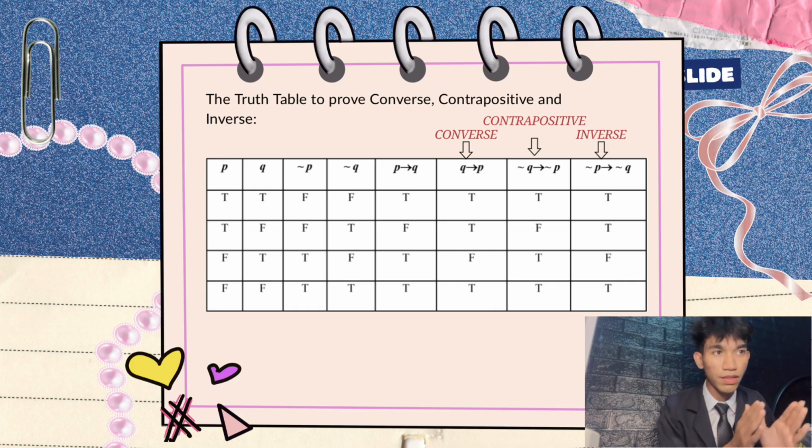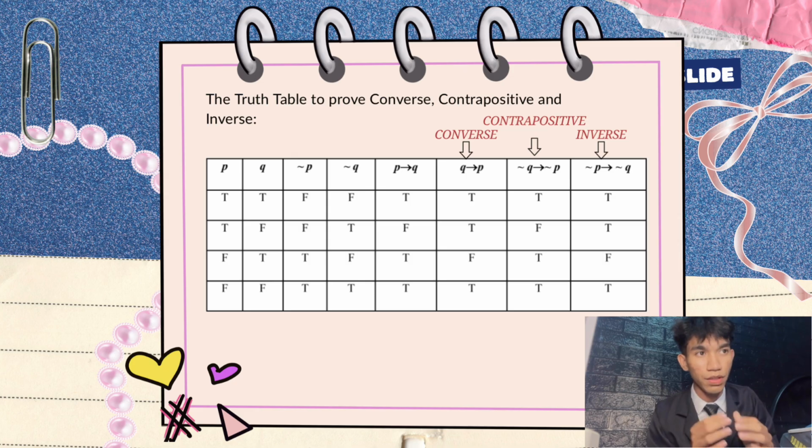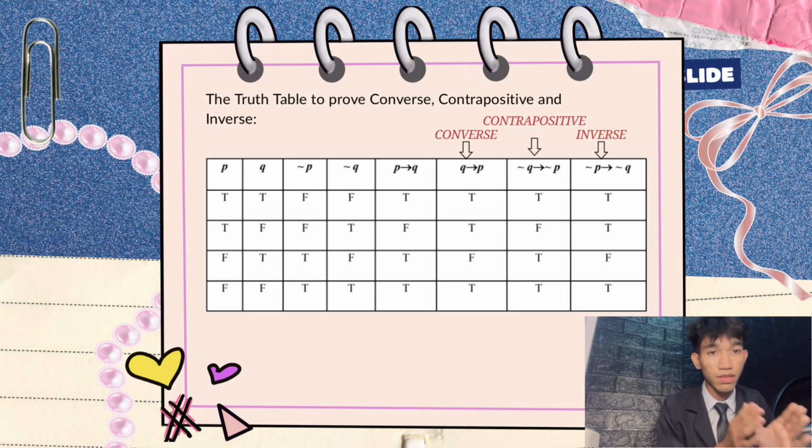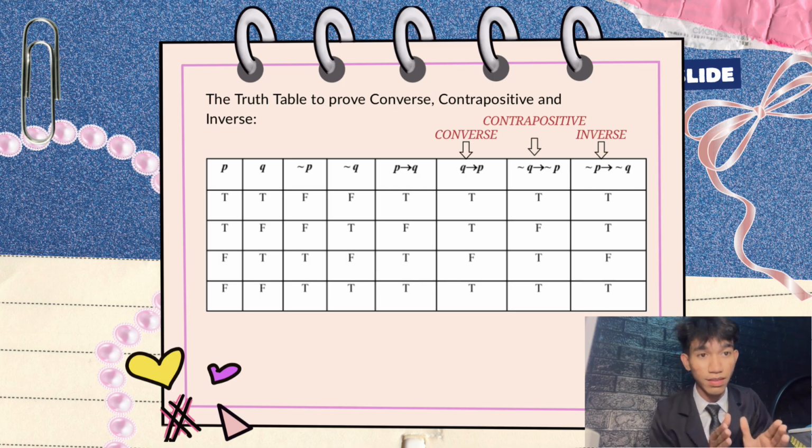And Q implies P is the converse for the implication, negation Q implies negation P is the contrapositive, and lastly, negation P implies negation Q is the inverse. So here you can see the truth values, which are true, true, false, false, true, false, true, false for the statement.